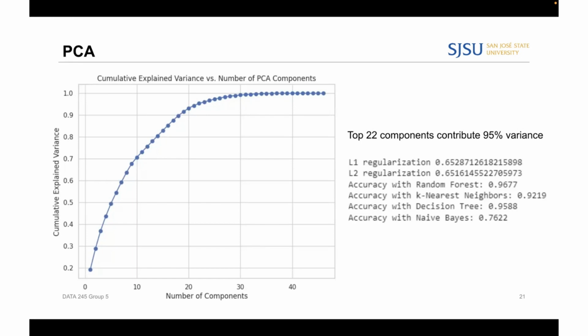So we have performed PCA, and we have trained our data using 5 different models. As you can see, the logistic regression with L1 and L2 regularization, random forest, nearest neighbors, decision trees, and naive Bayes gave different outputs. All these are test accuracies.